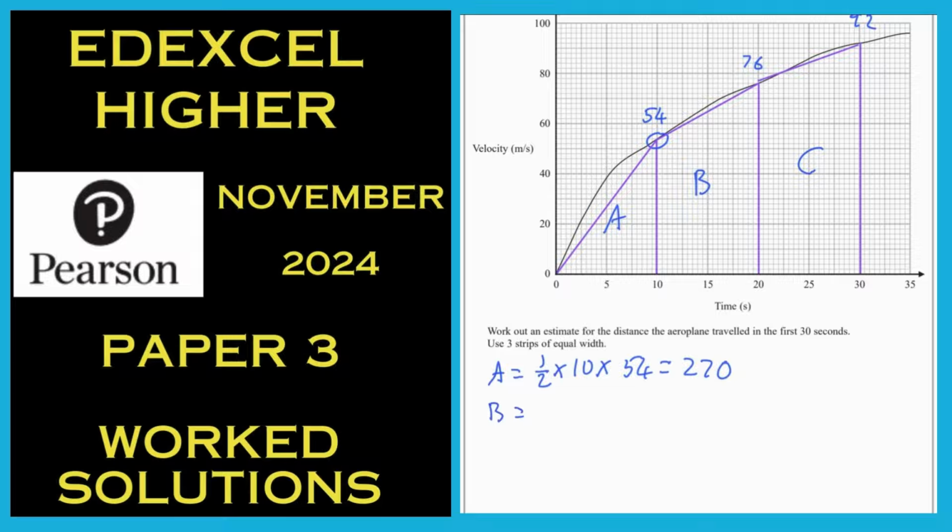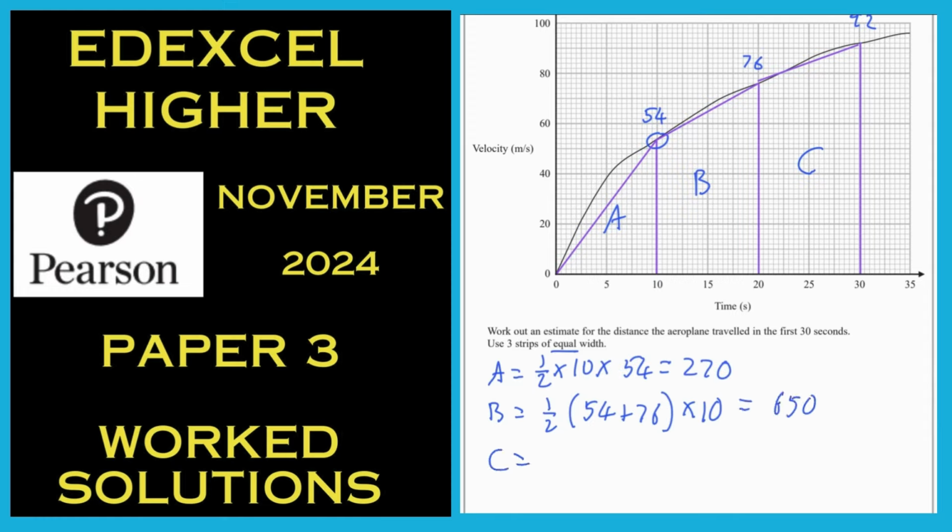Part B is a trapezium, it's a half of the parallel sides added, multiplied by the distance between them, which is also 10, because they should be all 10 if they're equally spaced. Gives you 650.